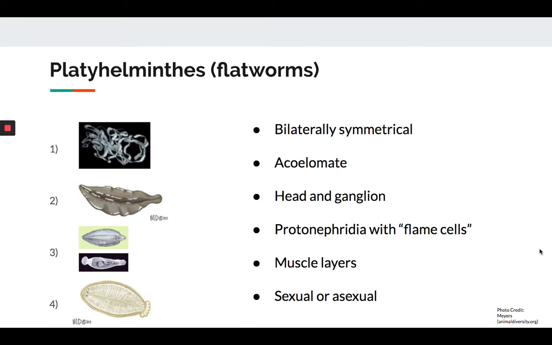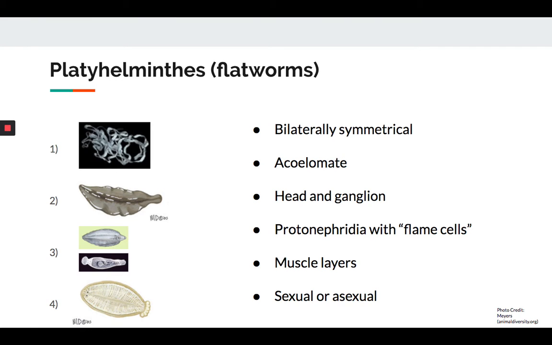Flatworms are bilaterally symmetrical, soft-bodied invertebrates with several muscle layers. However, their bodies are not segmented. Flatworms make up the largest phylum of acoelomates and are sorted into 4 classes: the Trematoda, or flukes, the Cestoda, tapeworms, the Monogenea, and the Turbellaria.